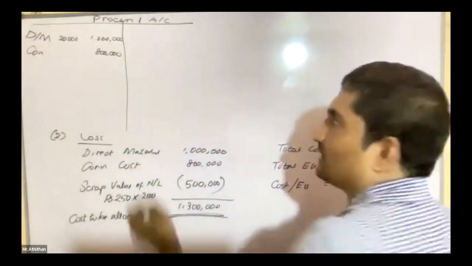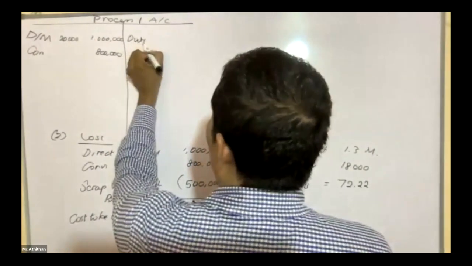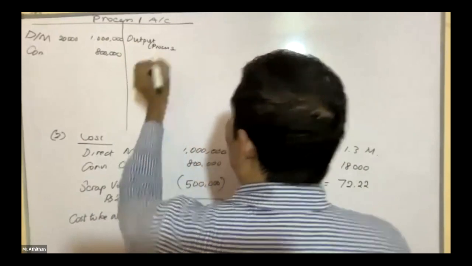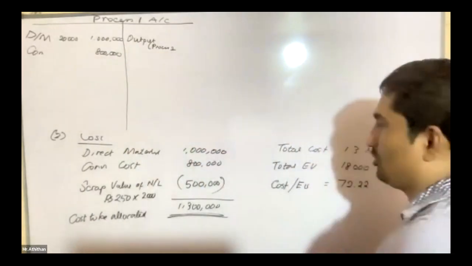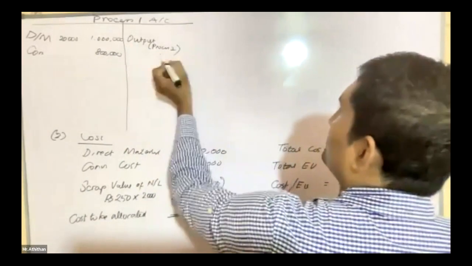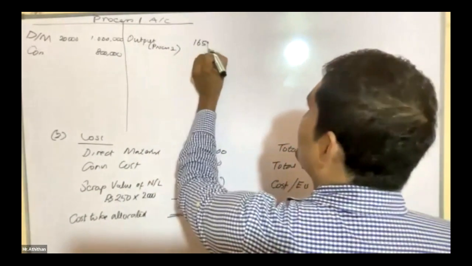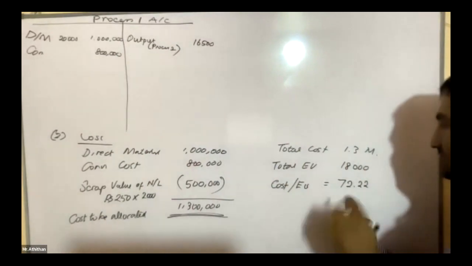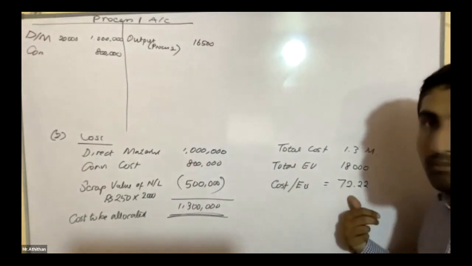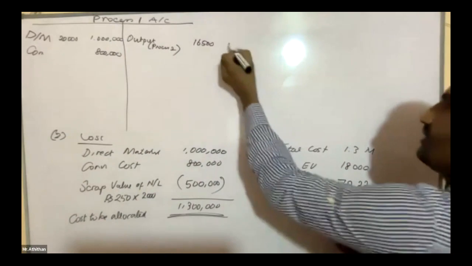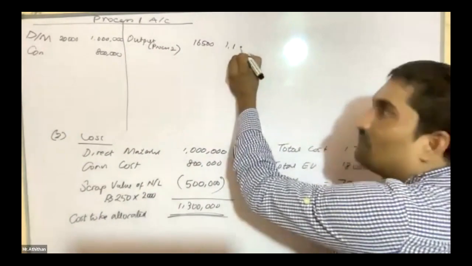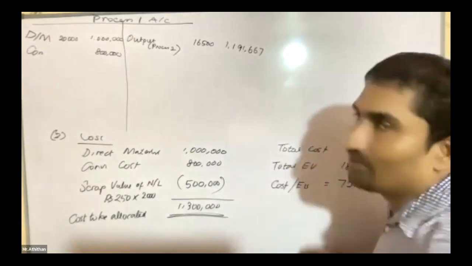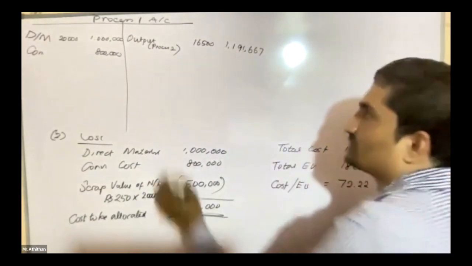On the other side, output to process 2. How many units? 16,500 units. Cost we can allocate: 72.22 multiplied by 16,500, that is 1,191,667. Right.